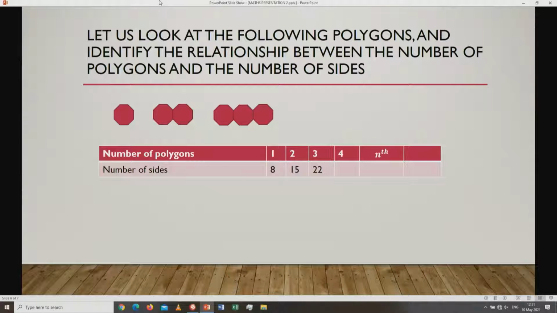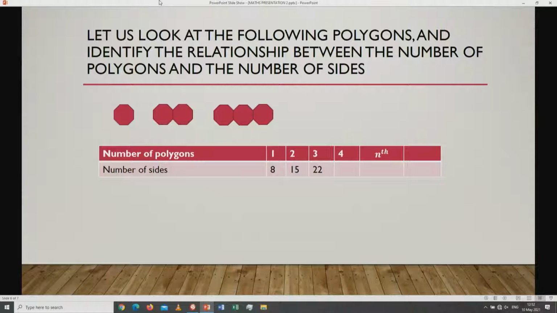I'm just redrawing this table as it is given to us, guys. 1 here, 2, 3, 4, and then this nth, meaning that we need to create our own equation when it says nth.